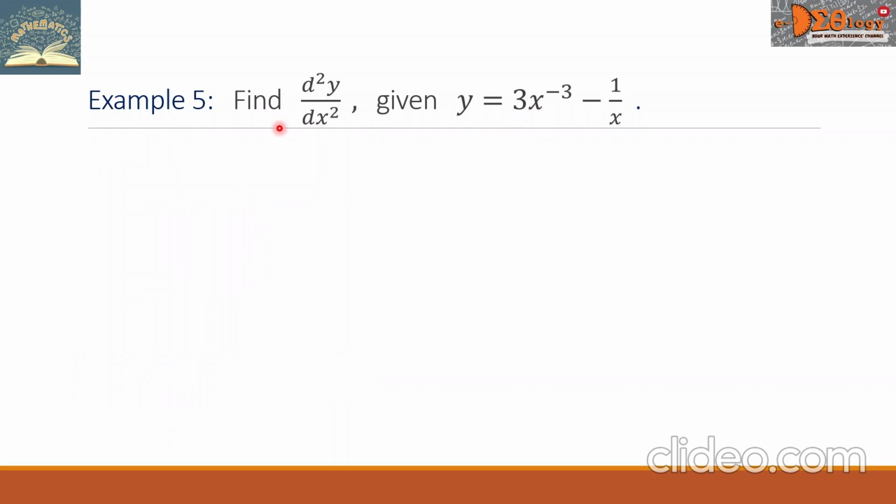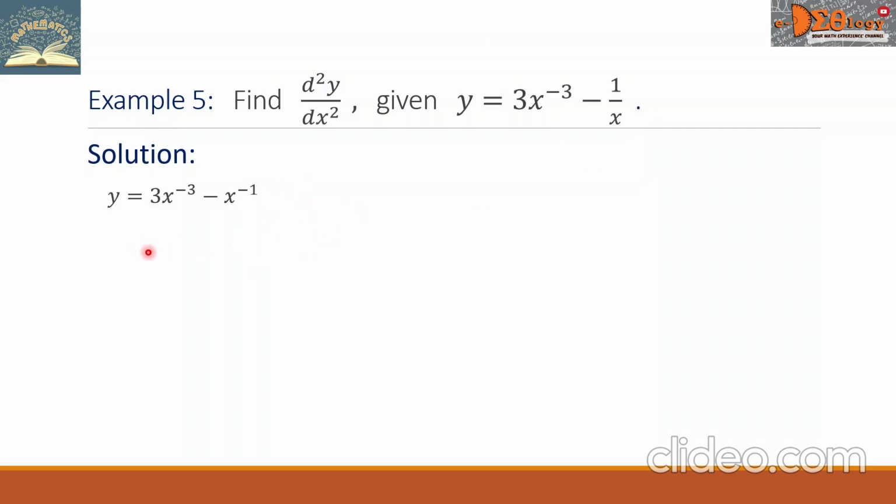Example 5. Find the second derivative given y equals 3x raised to negative 3 minus 1 over x. Let us rewrite the given function. With this fraction, we can write this as x raised to negative 1.